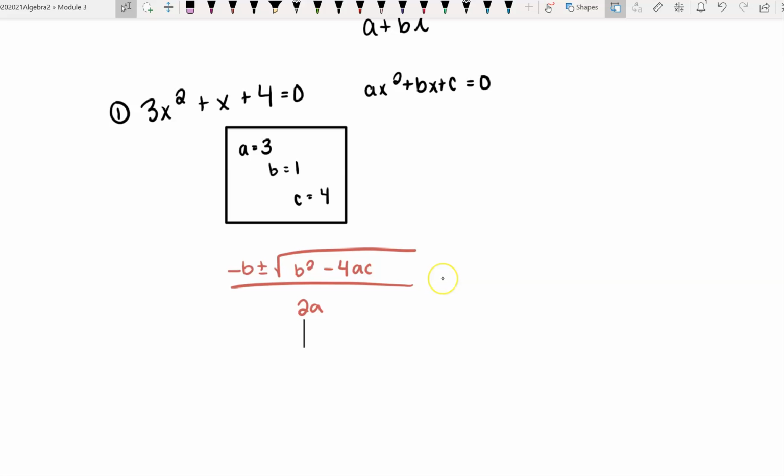Plug those values right into that equation. Negative b will be negative 1, plus or minus the square root of 1 squared is 1, minus 4, a is 3, c is 4, all over 2a.